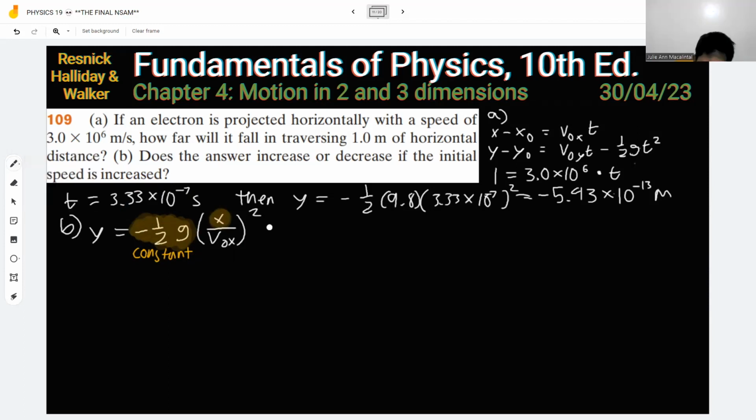Okay, so Y is equal to... So, the amount fallen, ngayon, yung amount fallen is absolute value of y. That's actually what we're looking for. So, matatanggal yung sign.